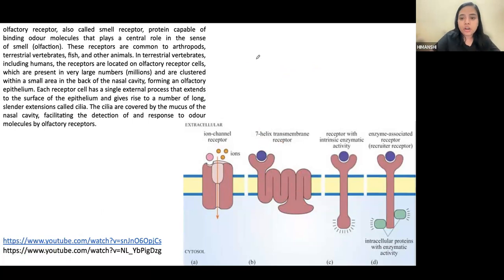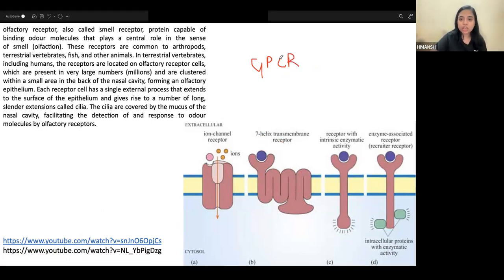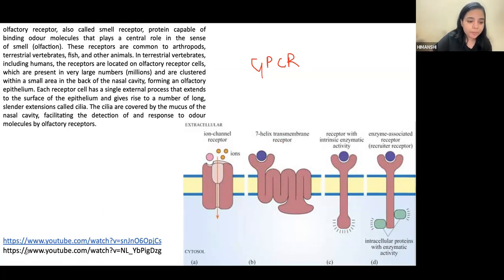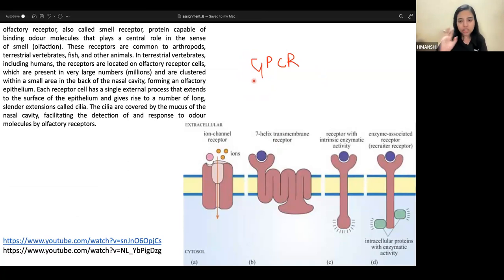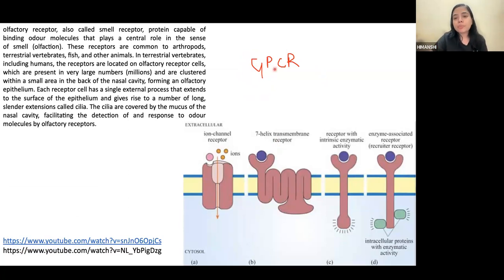GPCR means G protein coupled receptor. Okay. So as the name suggests, the G protein coupled receptor, which has a structure of 7 transmembrane helices, has a type of protein called G protein, and this receptor is associated with this G protein.